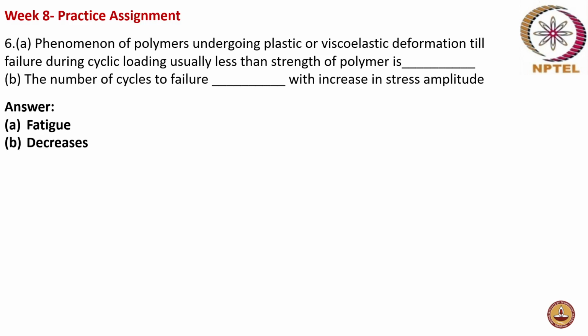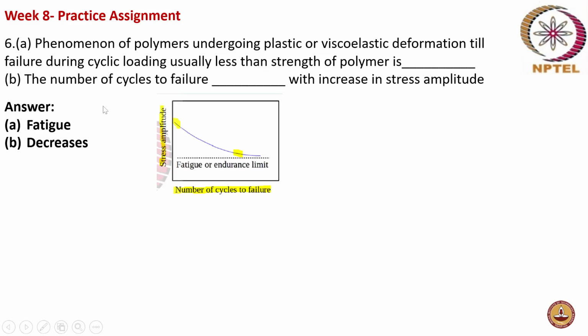The number of cycles to failure decreases with increase in stress amplitude. As stress amplitude gets higher, the number of cycles it takes to fail gets lower. This is the fatigue or endurance limit relation with stress amplitude. The lower the stress amplitude, the more cycles it can undergo before it ultimately fails.